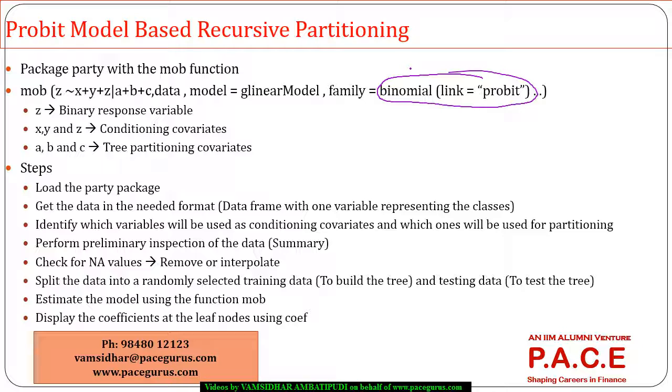When I specify just the binomial, we get a logit function. The logit distribution is typically used internally, but if I want a probit model, I have to explicitly specify that link is equal to probit. The rest of the things are exactly the same.